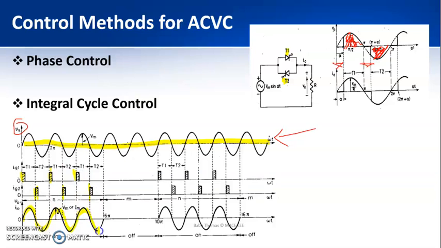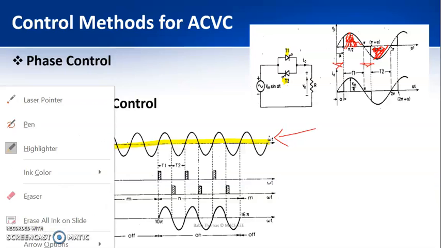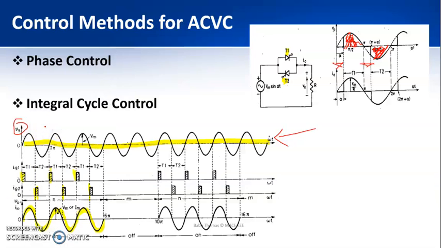And after some point of time, you turn off both T1 and T2. That is, T1 and T2 are kept off for a longer period of time. During that time, the output voltage is 0. Or else you can say that firing pulses to the thyristors are taken away for a certain period of time.